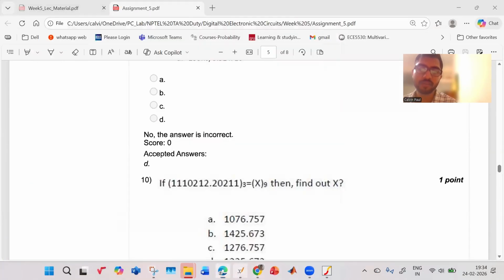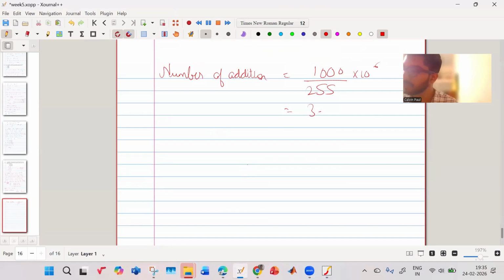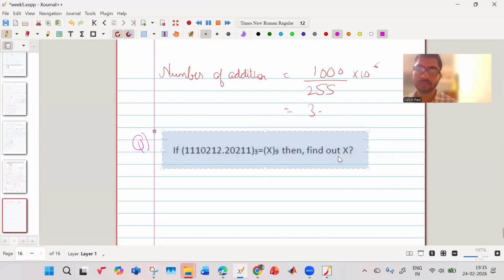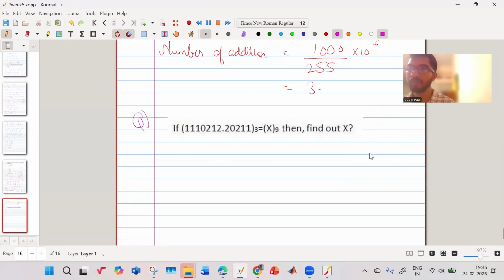If this is the value, you need to find out x. Okay, you have to solve the value of x. So there is 3. It's in number system of 3, right?